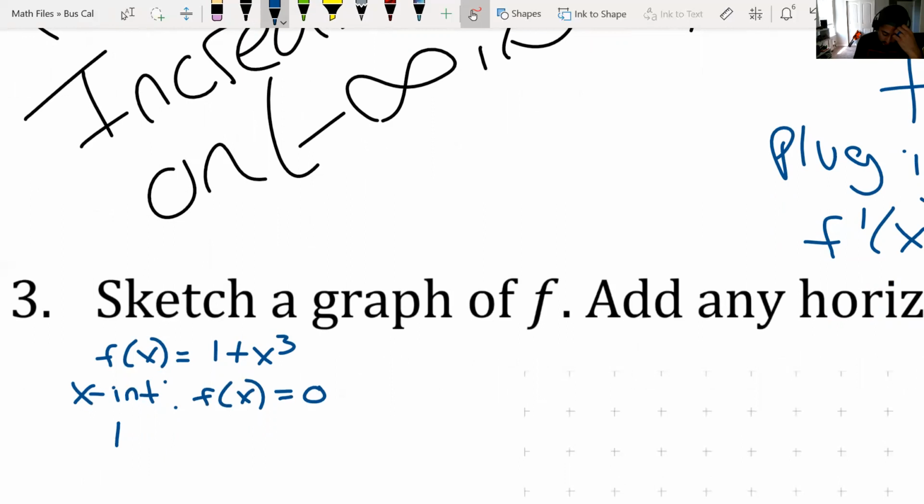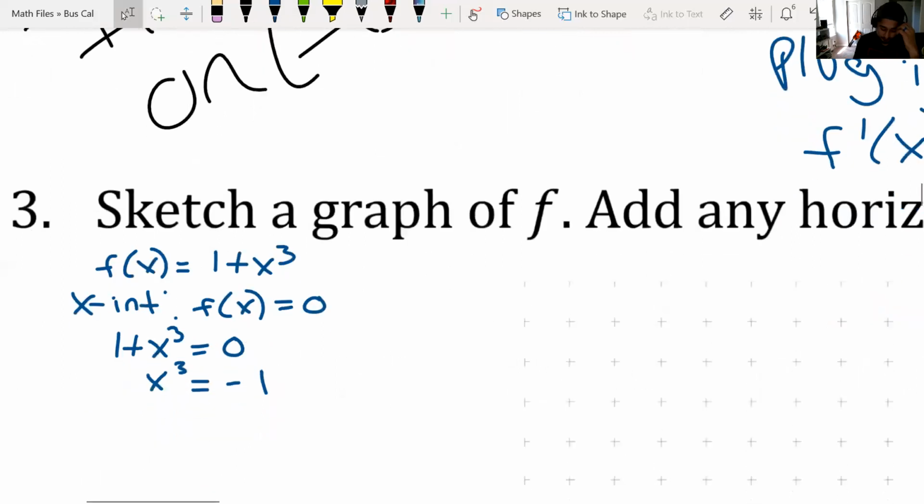This means 1 plus x cubed equals 0. Move the 1 over, and then cube root both sides. And we'll get x equals negative 1. There is my x-intercept at negative 1, 0.